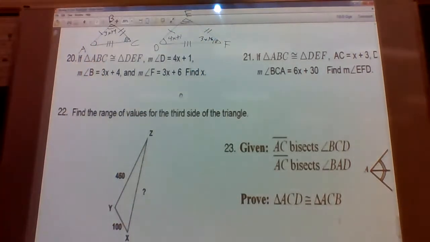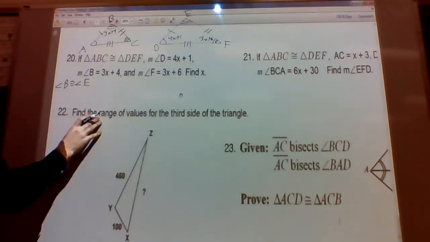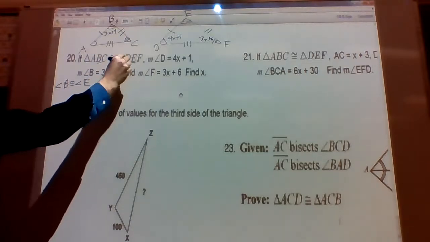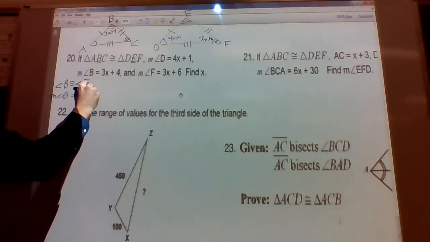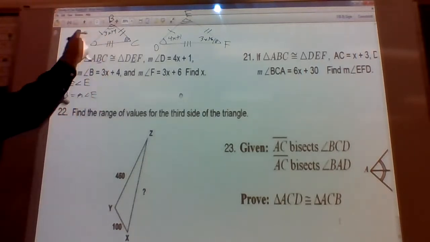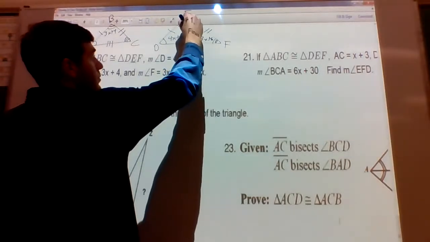Okay. Well, since we know the triangles are congruent, we know angle B is congruent to angle E. So we know the measure of angle B is equal to the measure of angle E. Right, so the measure of angle B is 3x plus 4. The measure of angle E is going to be 3x plus 4.